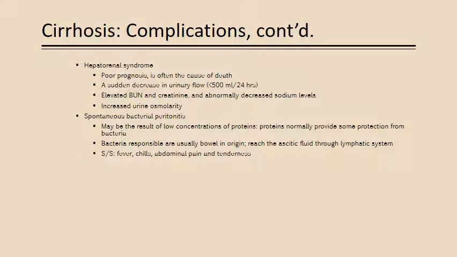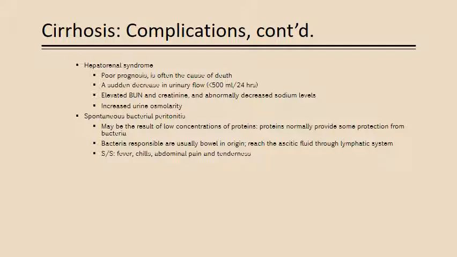The final 2 complications of cirrhosis are the hepatorenal syndrome and spontaneous bacterial peritonitis. Hepatorenal syndrome patients have a very, very poor prognosis, and it's often the cause of death. You will see a very sudden decrease in urinary flow, less than 500 mils in a day.